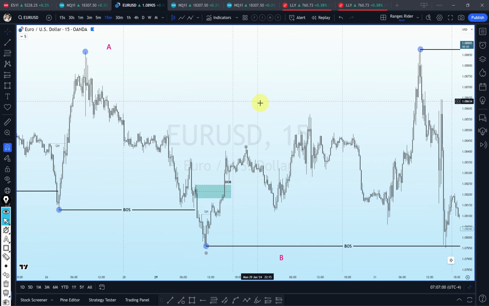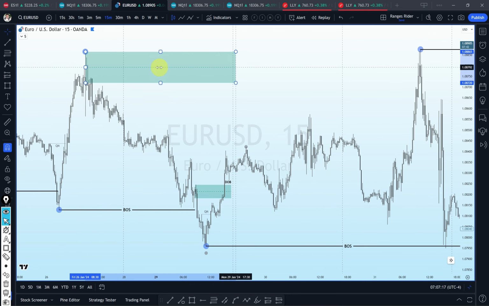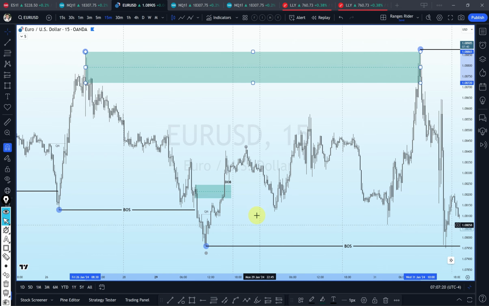And look here, this one or whatever the swings, if the price comes down, we are not looking for short for another breakup structure. We are actually looking for the price to go to the extreme order block.